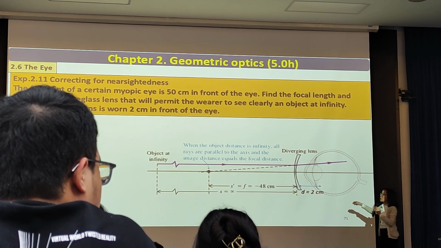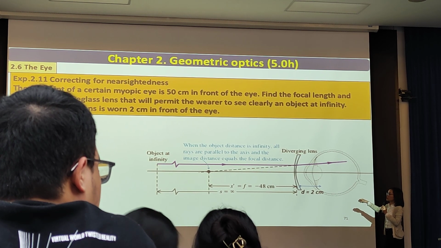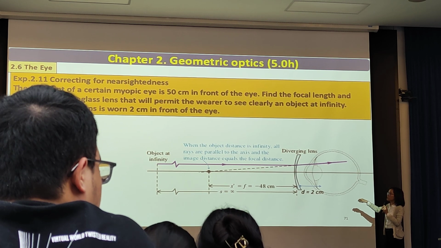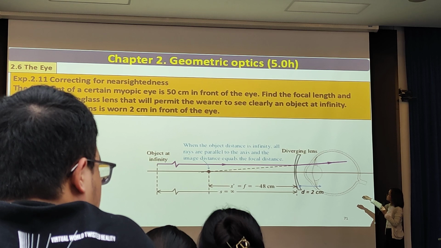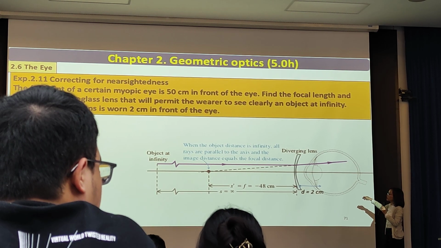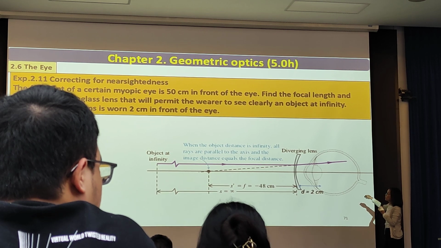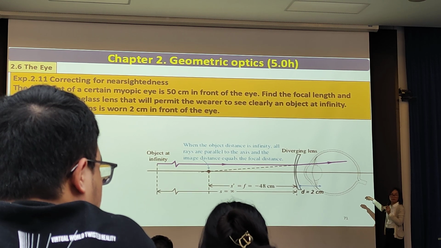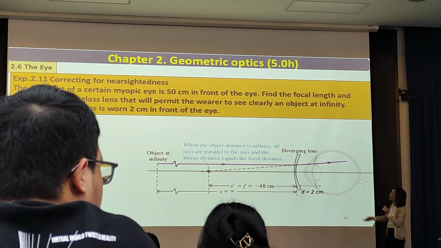So in order to observe something far away at infinity, you need to use this diverging lens so that it can form an image at this point, which is 50 centimeter far away from the eye.